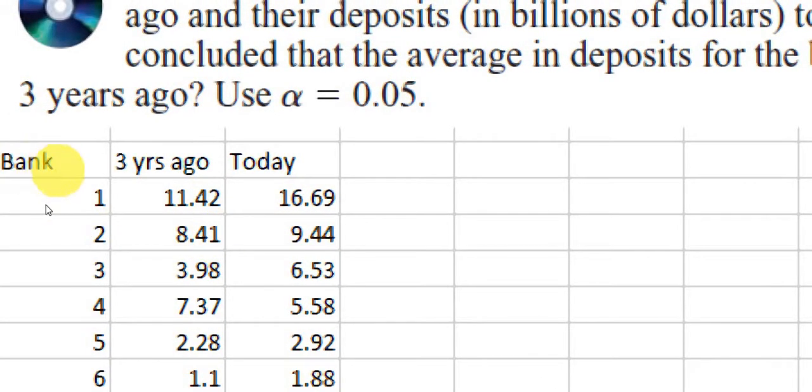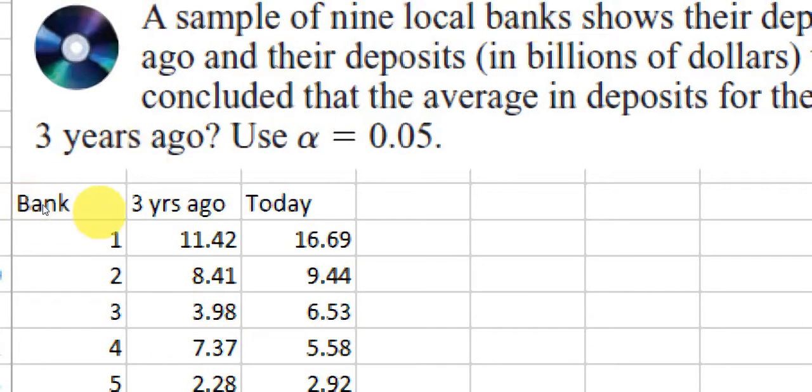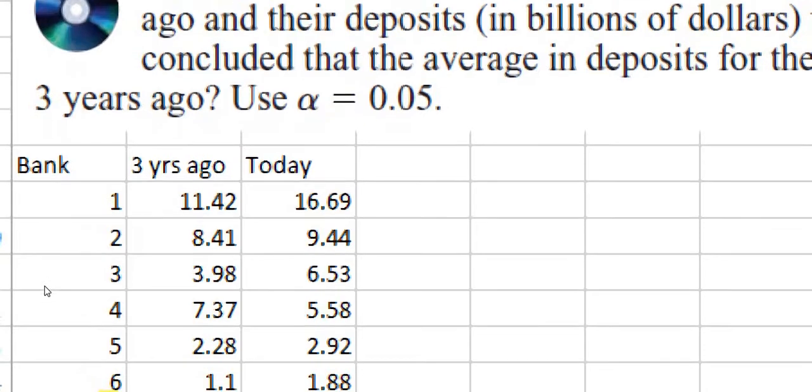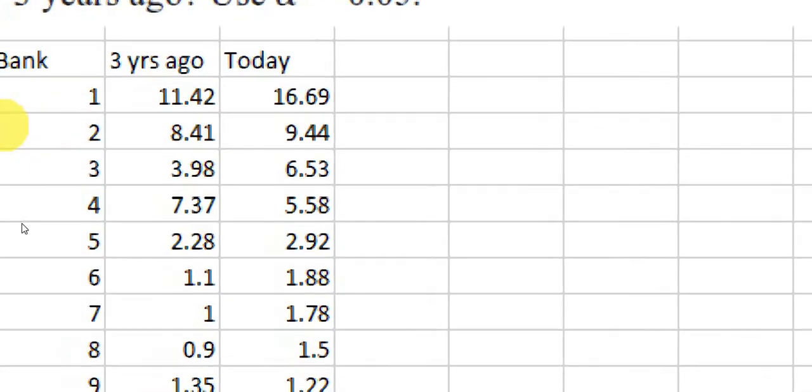Alright, so here you can see we have 3 columns. And according to the problem, a sample of 9 local banks. So that means that we only have one sample made out of 9 local banks here: 1, 2, 3, 4, 5, 6, 7, 8, and 9. But we have 2 data sets from that specific sample. A data set for 3 years ago and a data set for today. And they are related because they only came from one sample.